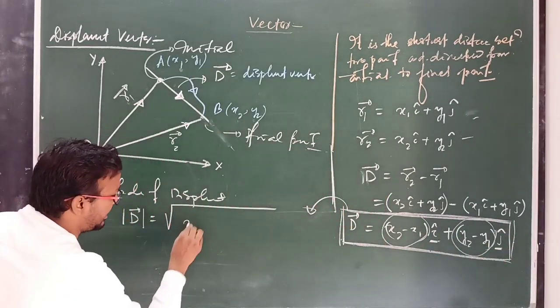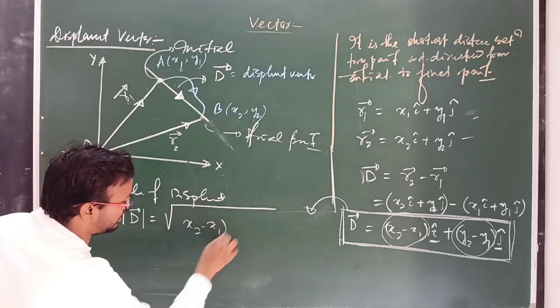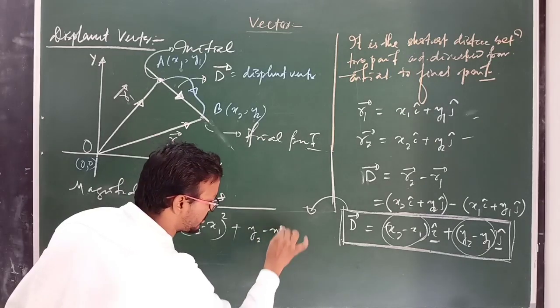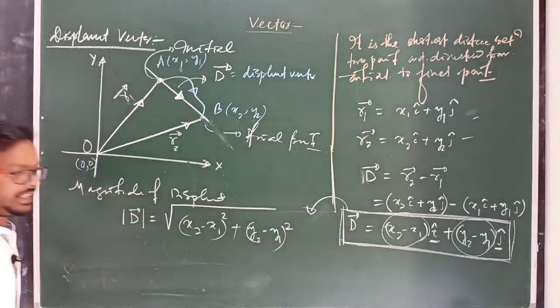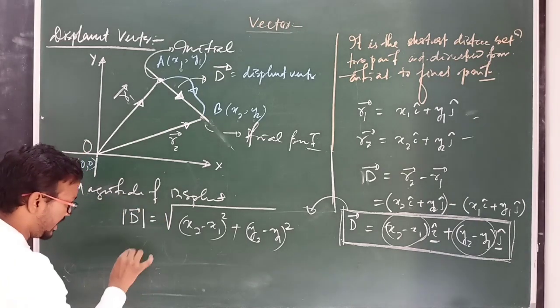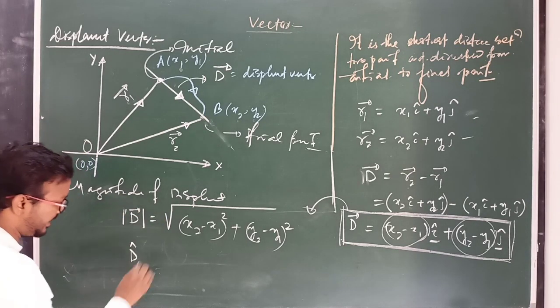So you can write the square root of x2 minus x1 whole square plus y2 minus y1 whole square.